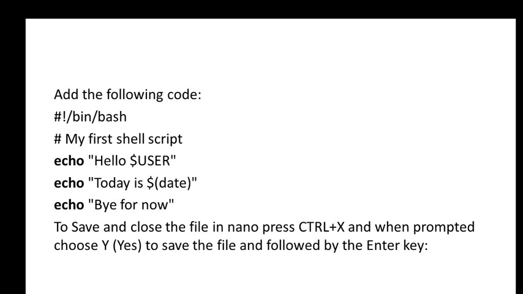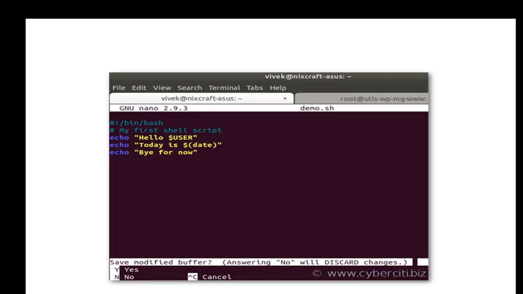Ctrl+X is used to exit, and when prompted, press Y to save the file followed by the Enter key. Then whatever code you have typed will be saved and the file closed.